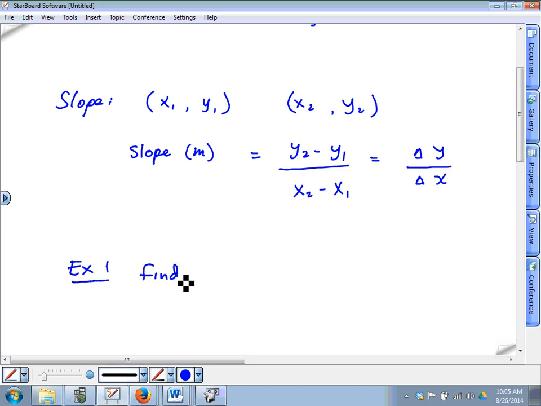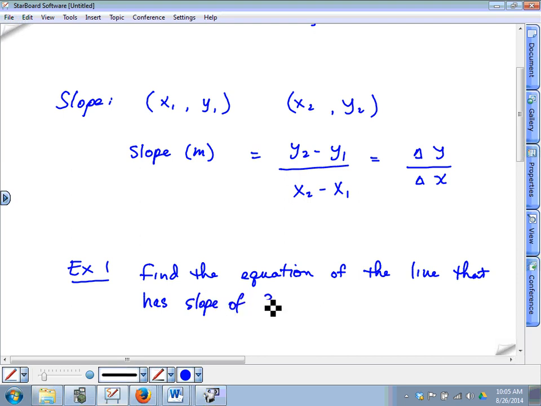Find the equation of the line that has a slope of 3 and passes through the point 1 comma negative 2.